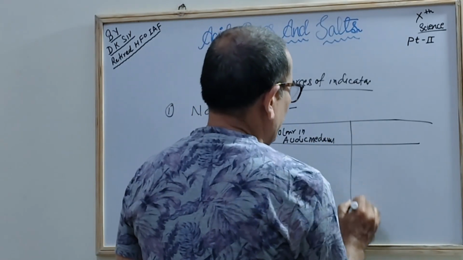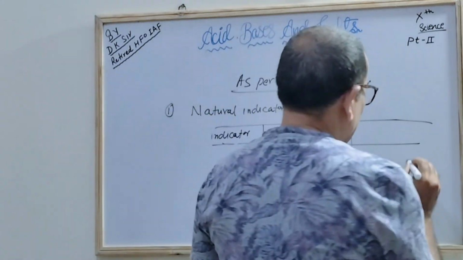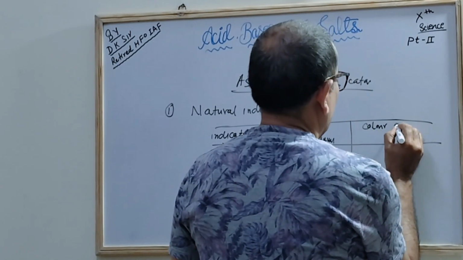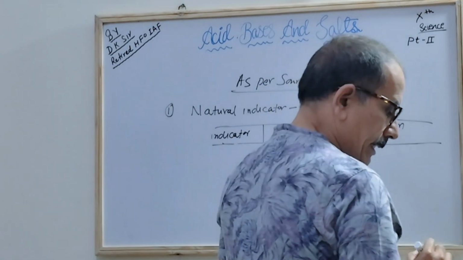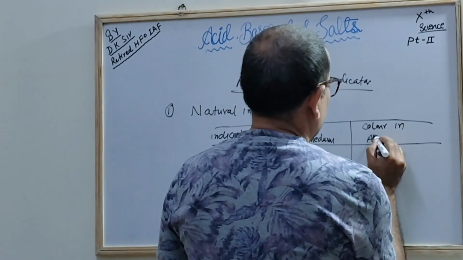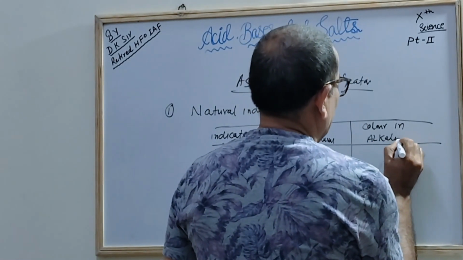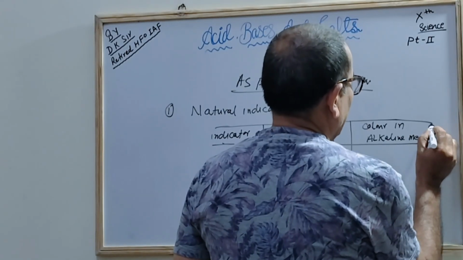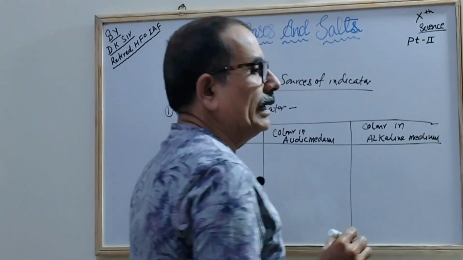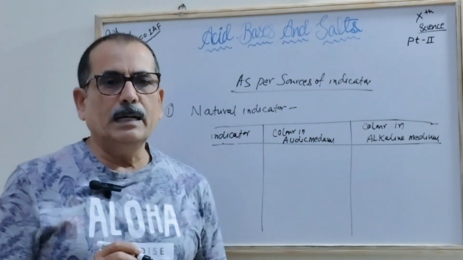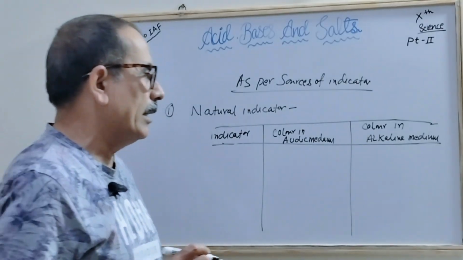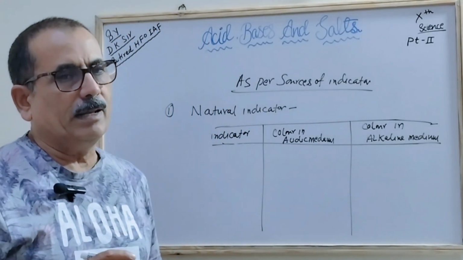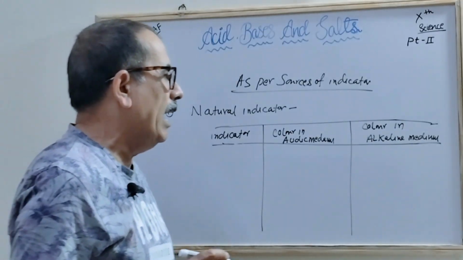The next will be the color in alkaline medium. Correct? I think you are clear about alkaline and base. All alkalis are bases. Correct? If a base gets dissolved in water, we call it an alkali.